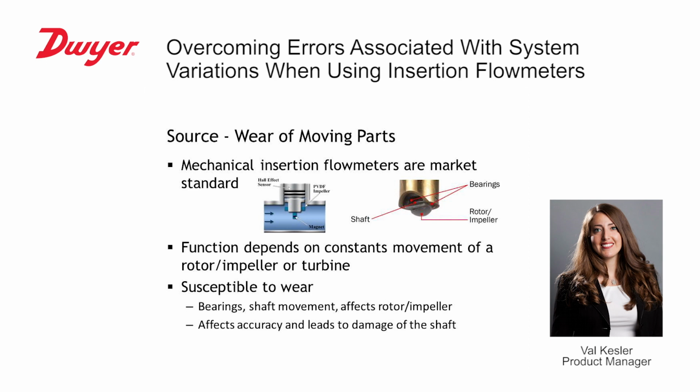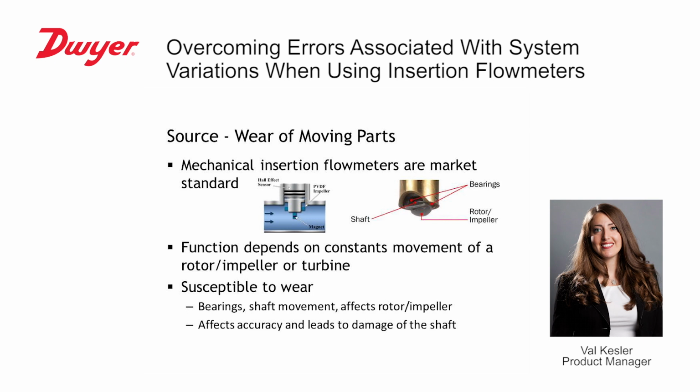They can vary from paddle wheel to turbine, and they depend on the constant movement of a rotor, an impeller, or a turbine in order to get you the velocity and therefore the flow of your application. The issue that comes with mechanical flow meters is that they are susceptible to long-term wear.